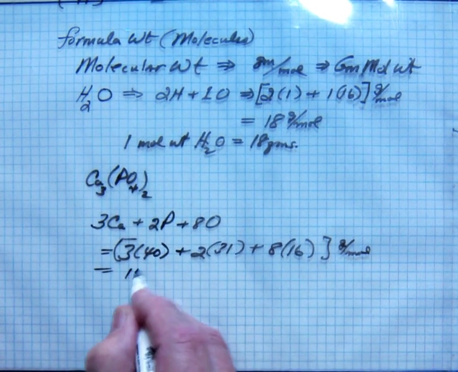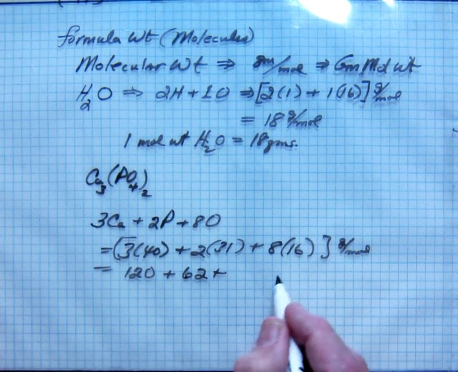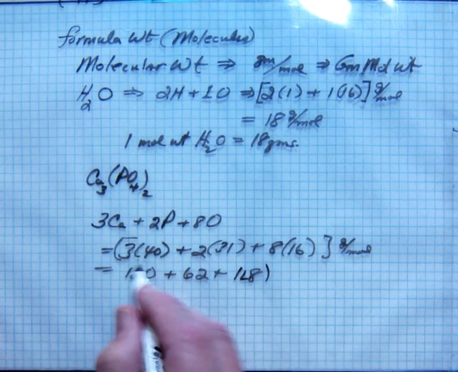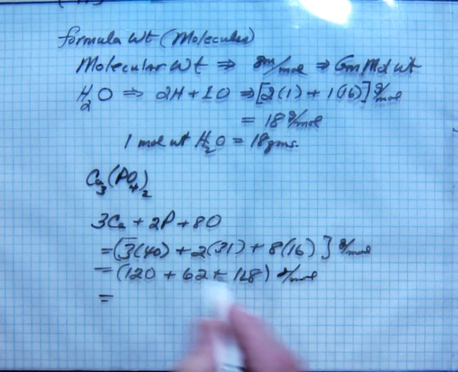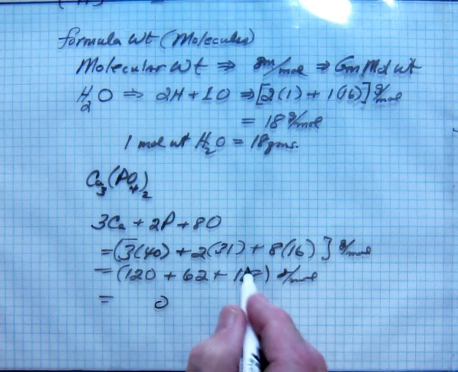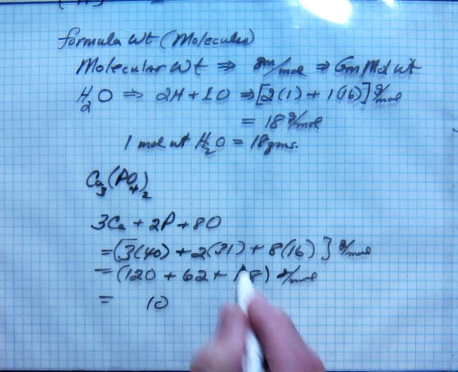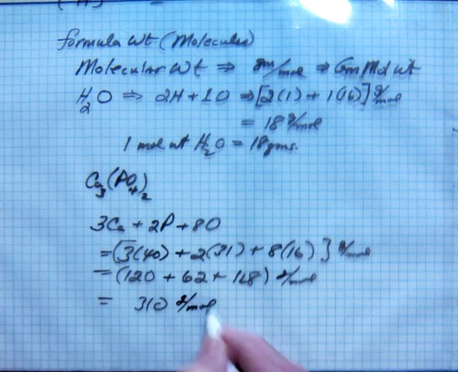So that's 120 plus 62, plus 128, which is 310 grams per mole.